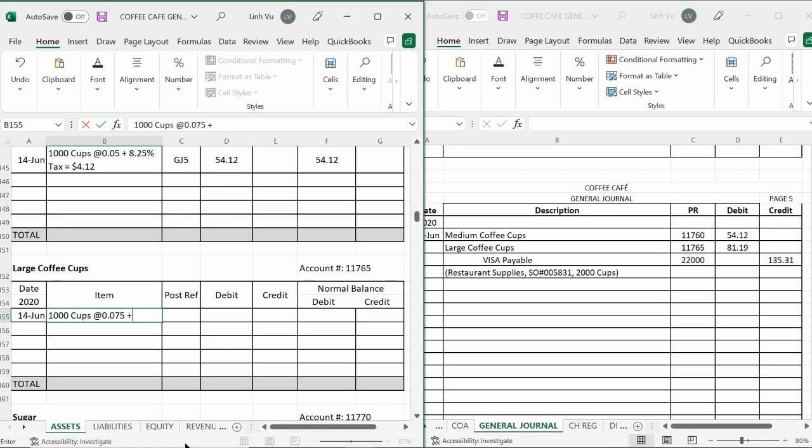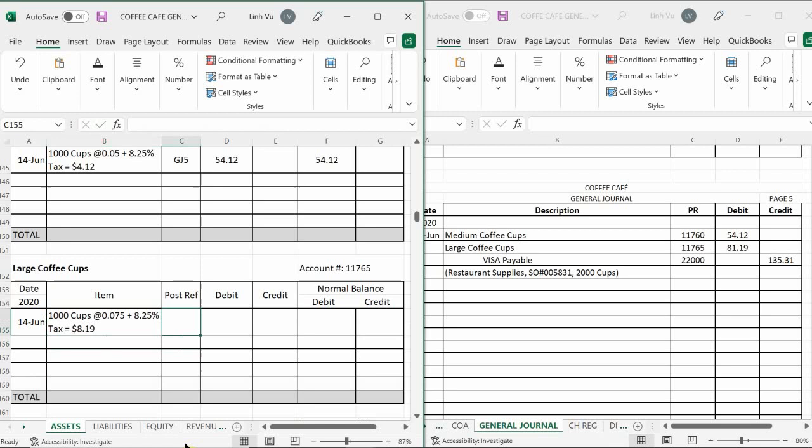All right, plus the 8.25% tax here, which yields me $8.19. So again, we're on page 5, General Journal, $81.19.